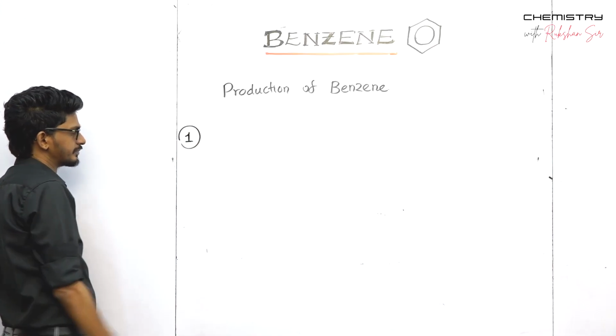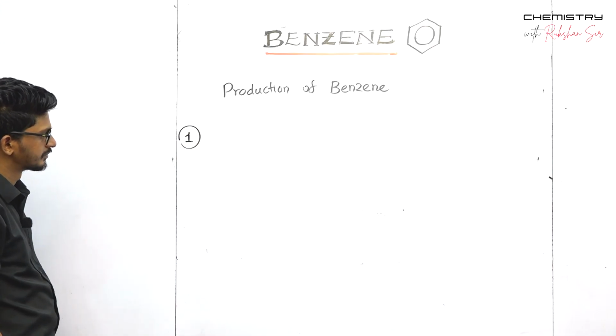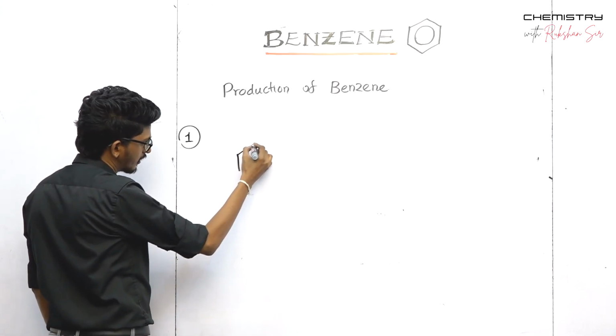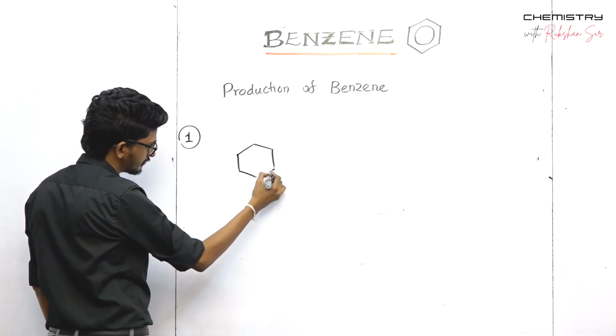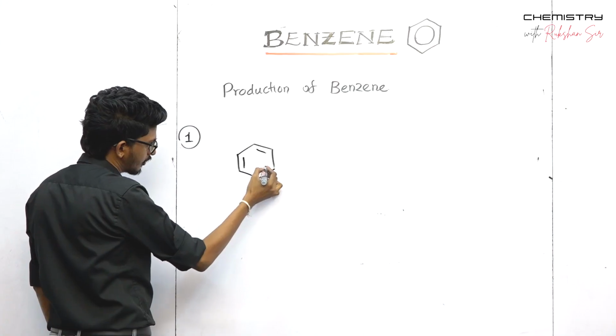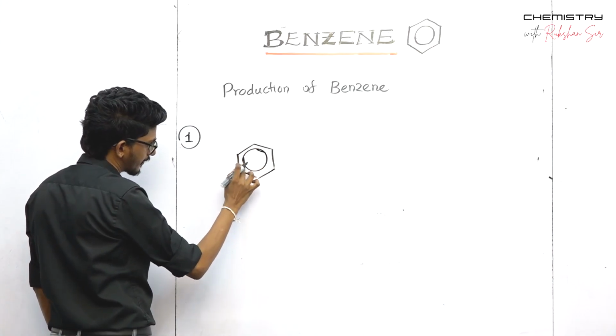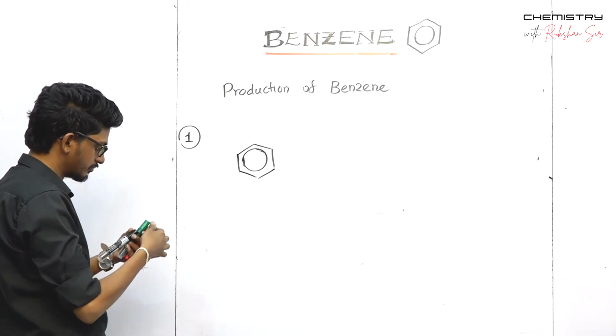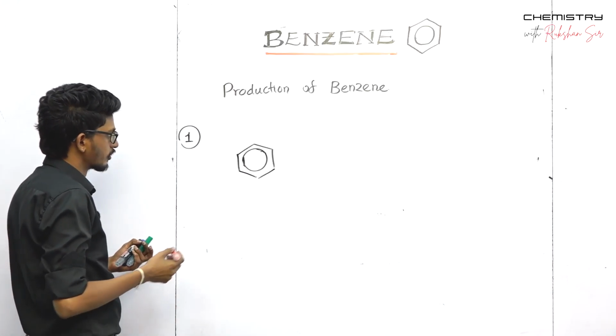The first method of producing benzene, right? You could think of a benzene Grignard.